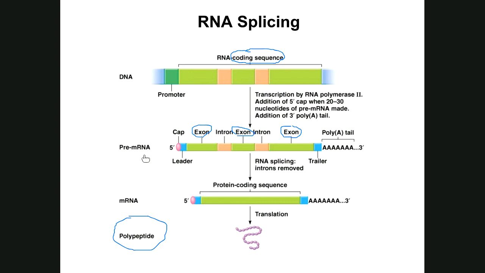So when pre-mRNA is made, in between the 5' cap and the poly A tail, there are only stretches of messenger RNA or pre-mRNA that actually contain the coding sequence for how to make the polypeptide. We call these exons. In between these exons are stretches of sequence that are non-coding.